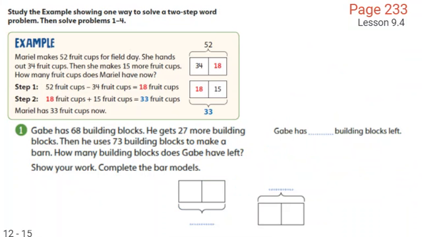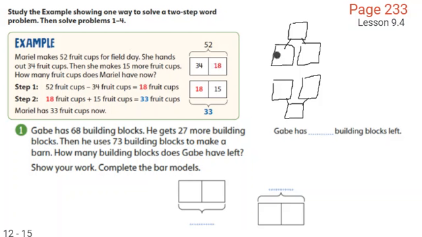So a bar model is similar to, I mean, look at that, 34, 52, and then do 18 right here. That's how I'd plug the numbers in. Same thing down here. Let's take a look. There's that 18. That 18 goes here. And then I have 15.